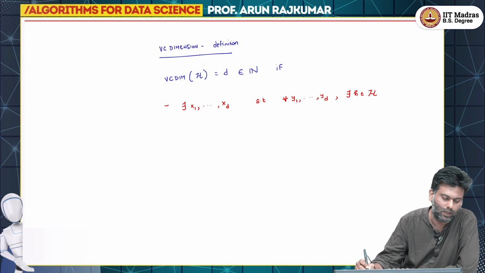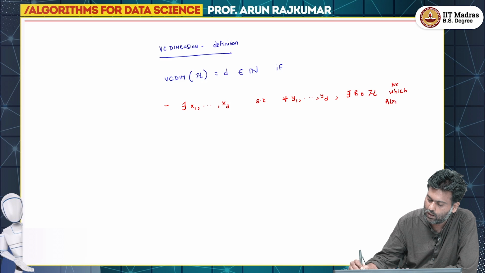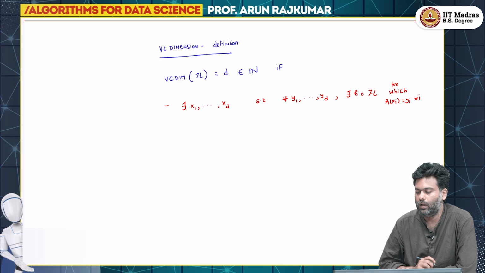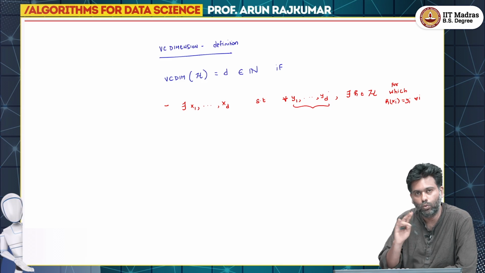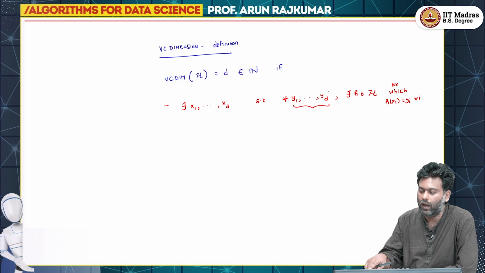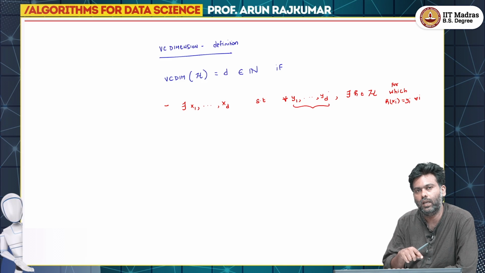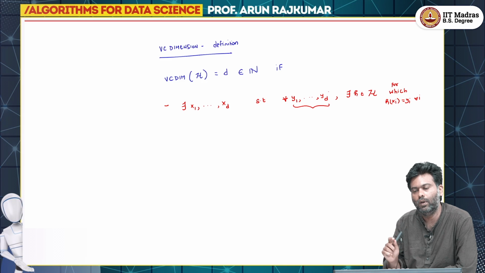There exists an h in H for which h of xi equals yi for all i. When I say for all y1 to yd, I mean all possible 2 power d labelings. No matter which of these 2 power d labelings I pick, you still have a winning strategy.